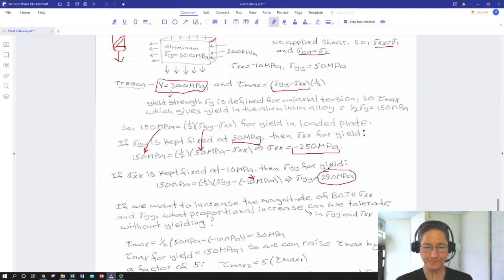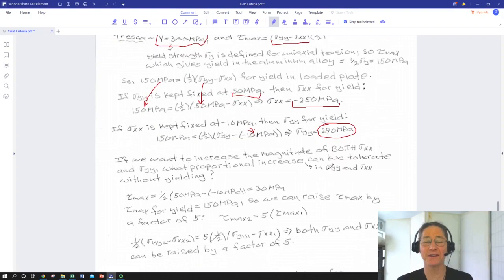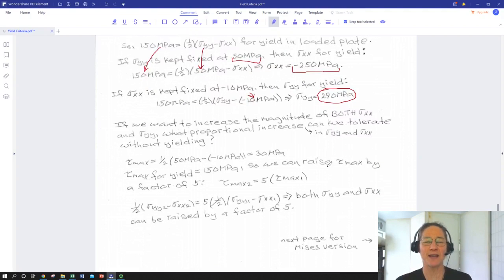So we can change them both. So we can create a mathematical expression for how much we would have to increase our actual shear and look at those proportionally. So again, we calculated our actual max shear within the part with the applied stresses of -10 megapascals and 50 megapascals respectively.